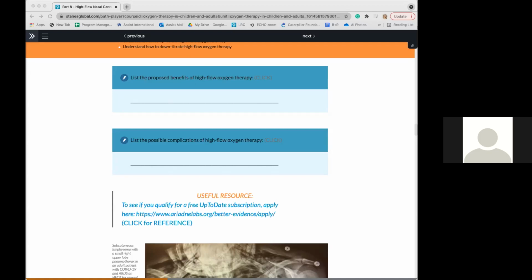So if your patient doesn't do so well on the high flow oxygen therapy, this is a critically ill patient, and you may now resort to non-invasive positive pressure ventilation, which we are going to discuss later on. So remember, we are on a journey. If the patient doesn't improve, we escalate the level of care.